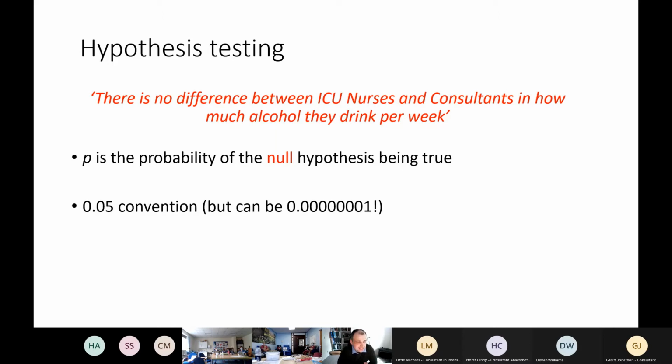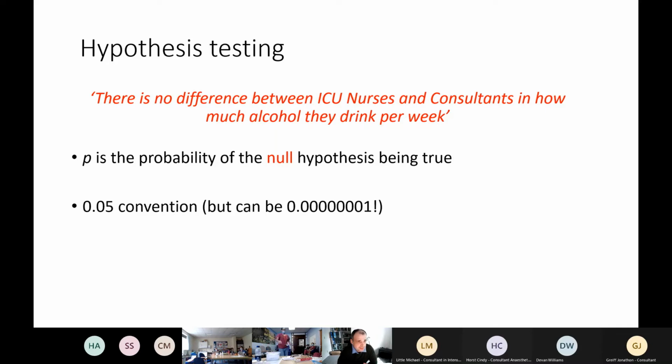It's the probability of the null hypothesis being true. So a p of 0.05, there's a 5% probability. You're testing against a 5% probability that there is no difference. Now we tend not to talk very much about the null hypothesis, but actually it's what statistics are based on.